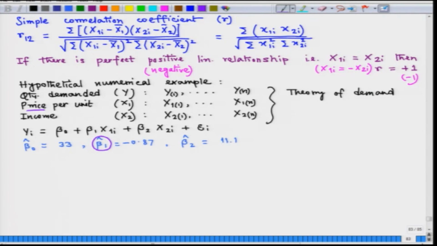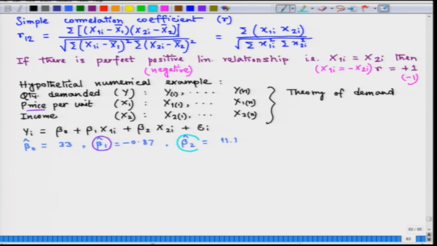So, we expect a negative number for this beta 1 hat coefficient, and that is why I placed this negative sign in front of the number. So, this basically satisfies the law of demand, right, that every other thing remaining the same, if price increases, quantity demanded falls.